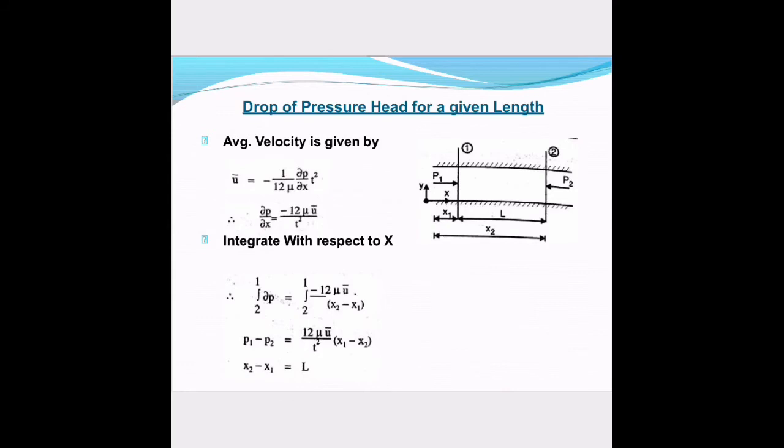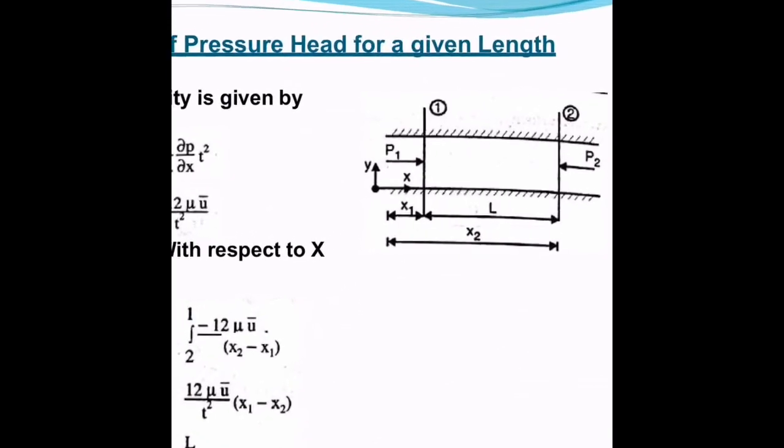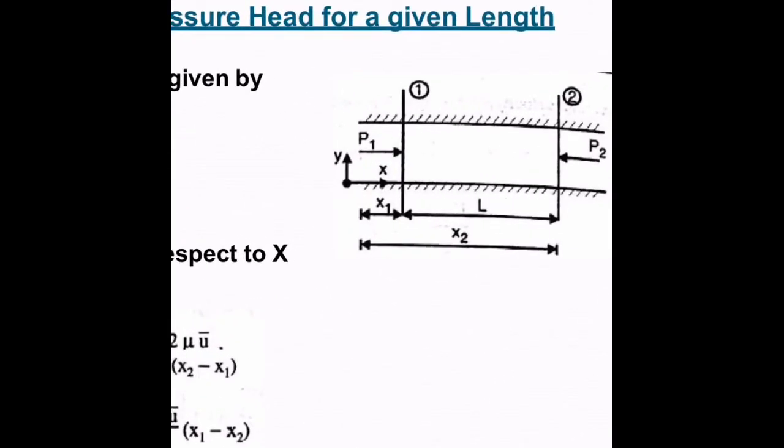So, the difference will be P1 minus P2, over the length L. Excessive pressure drop will result in poor system performance and excessive energy consumption. Generally, we know pressure drop is related to energy loss.